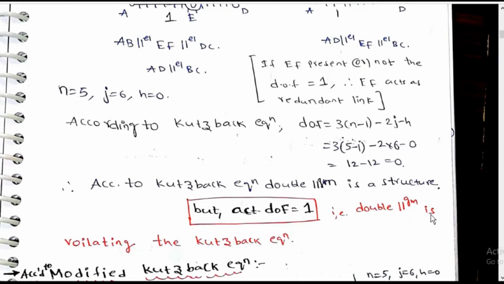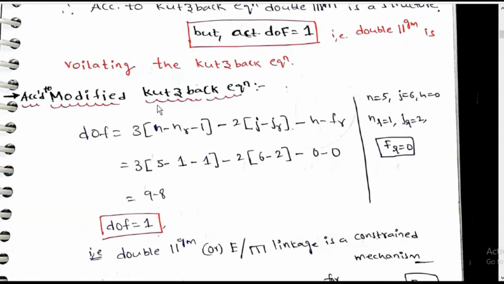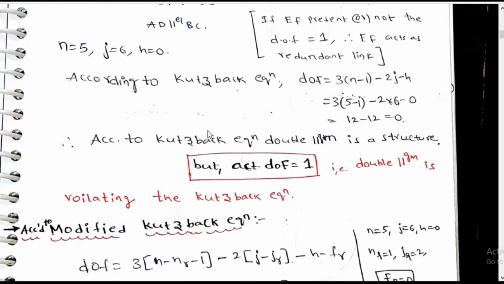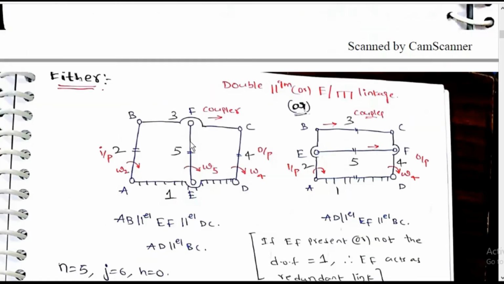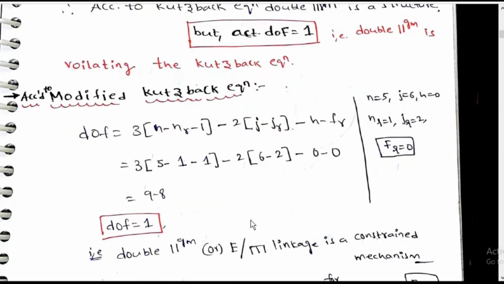That is, the double parallelogram is violating the Kutzbach equation. Modified Kutzbach equation: degrees of freedom is equal to 3 into (n minus nr minus 1) minus 2 into (j minus jr) minus h minus fr. And here NR is equal to 1, JR is equal to 2. So degrees of freedom is 9 minus 8, is equal to 1.